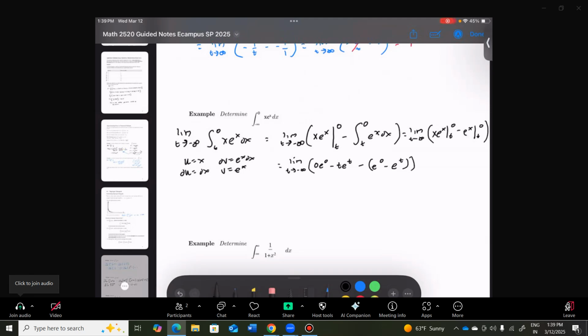We'll simplify this first. This is 0. We'll have a negative t e to the t, minus e to the 0 is just 1, so minus 1, and then plus e to the t.